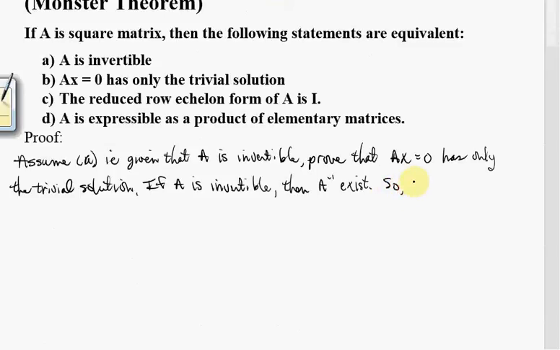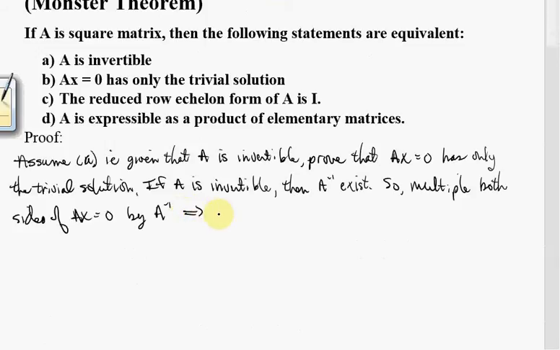So multiply both sides of AX equal to 0 by A inverse, and we get it.